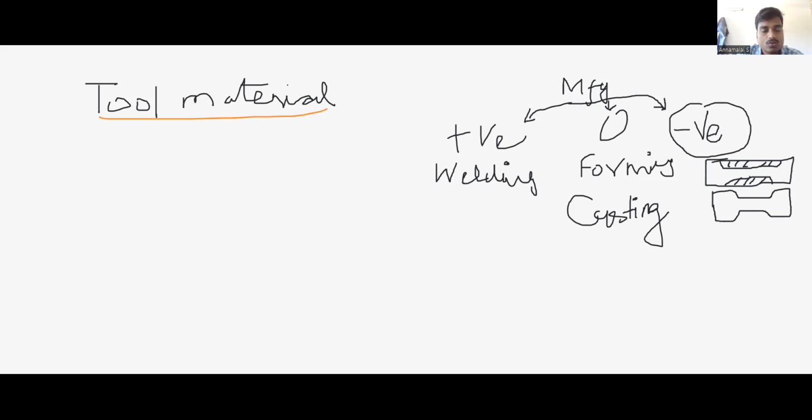Now we have come to this topic, that is tool material. The tool may be in different shapes. For example, in the turning operation we use a single point cutting tool. For drilling operation, for hole making, we use multi-point cutting tools. For milling operation, we use end mill cutters and gang milling.